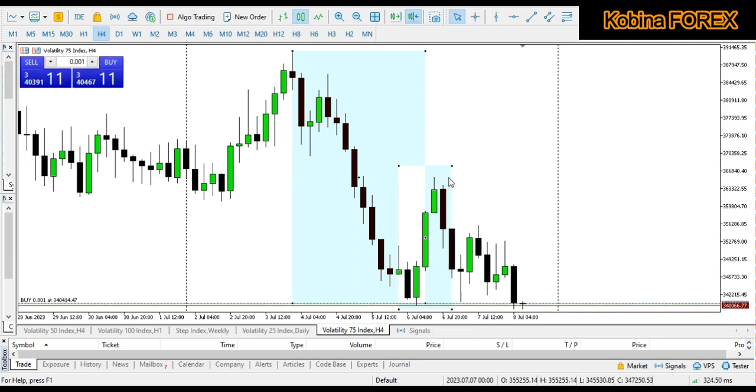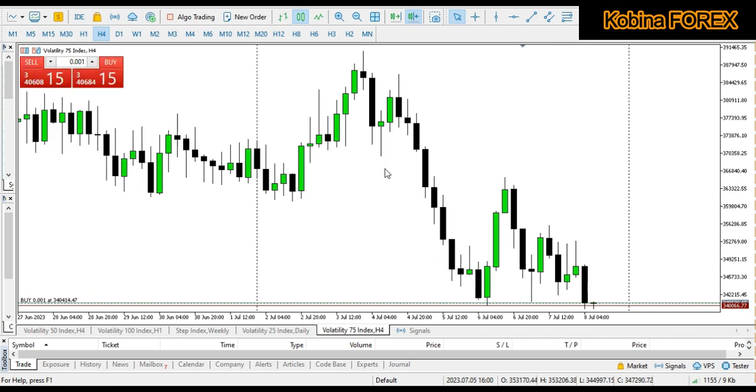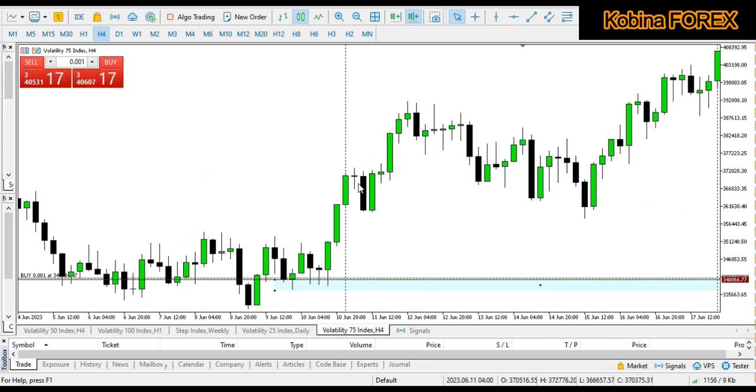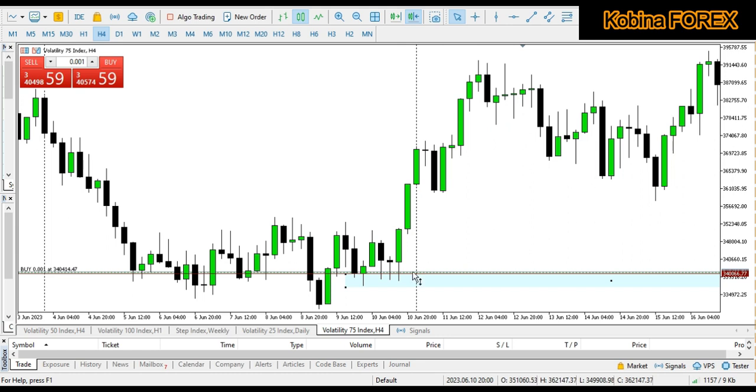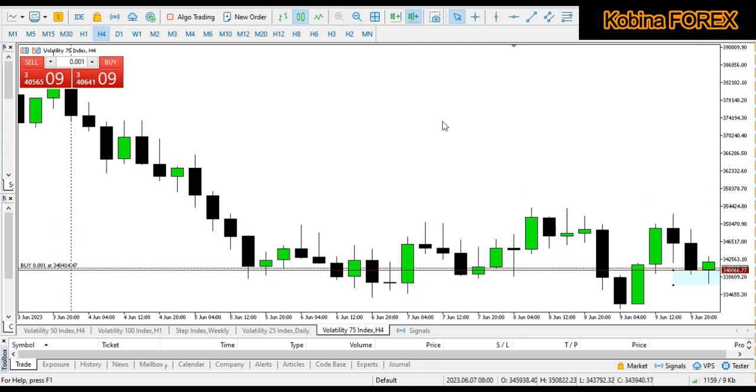All right. Now, someone may ask, how do I identify this rejection block and all that? Previously, I had explained that. A typical example of a rejection block is this.